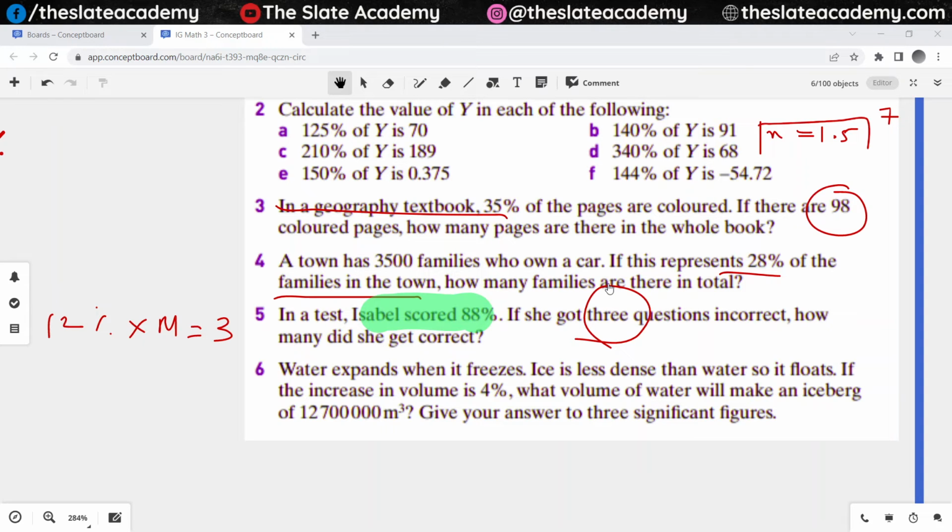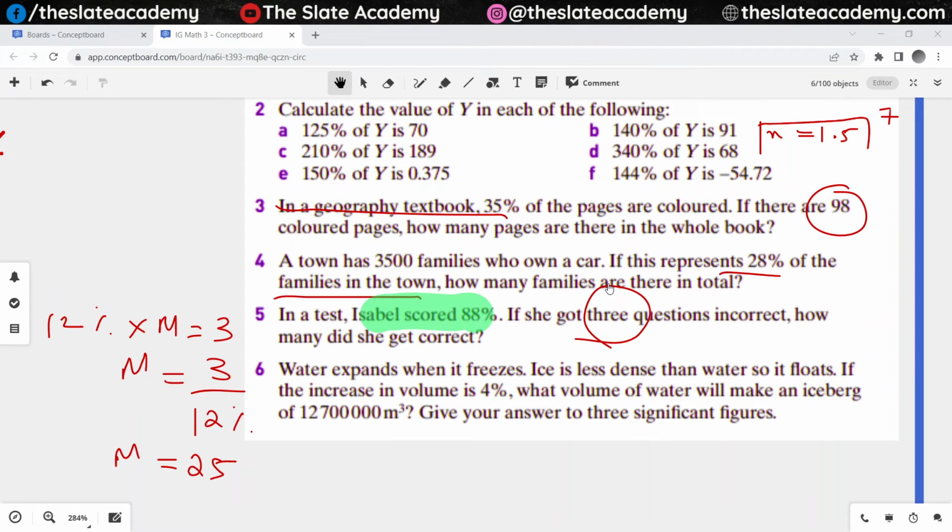Okay. So then total questions or total marks will be equal to 3 divided by 12%. So how many are total marks? Total marks turn out to be 25.